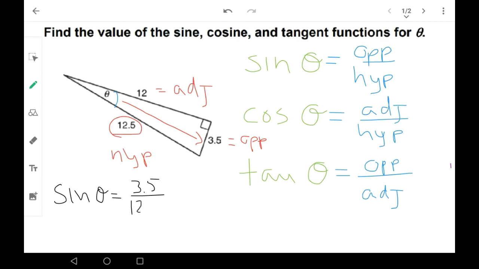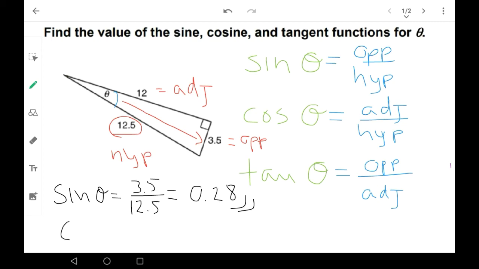It is 12.5. Now I can use a calculator and say 3.5 divided by 12.5 is 7 over 25. If you want, you can write it down as 7 over 25, or you can say this is 0.28, right? That is the first answer.